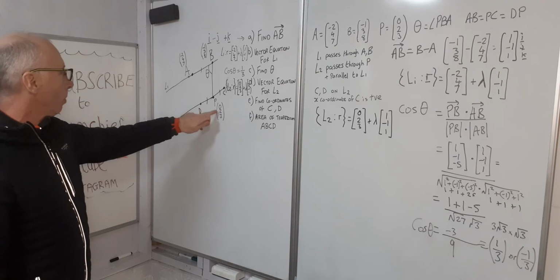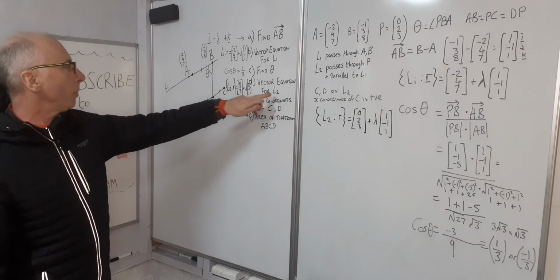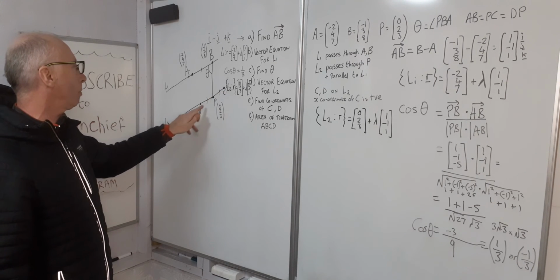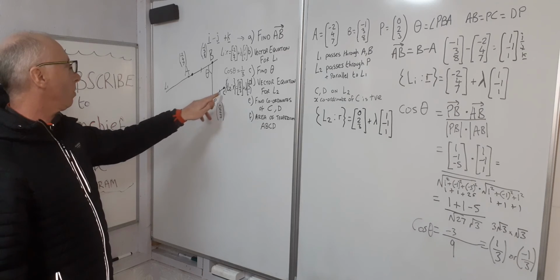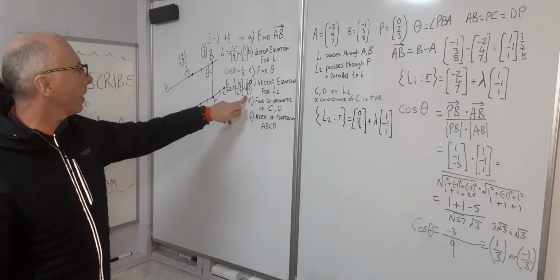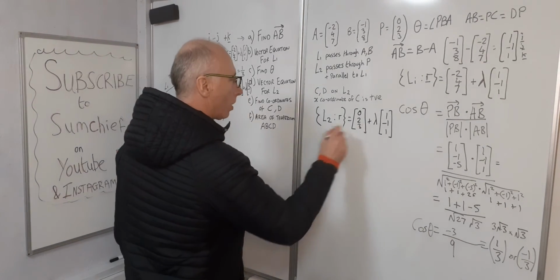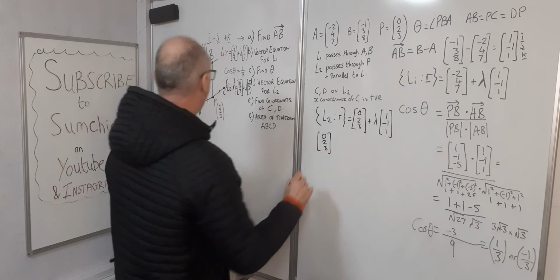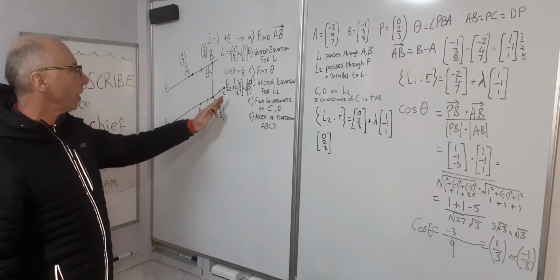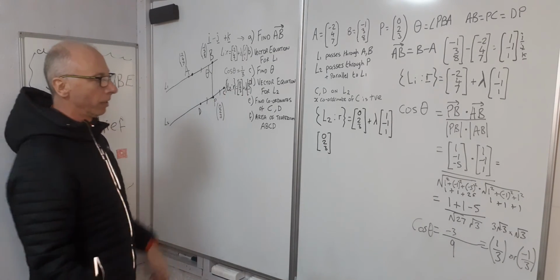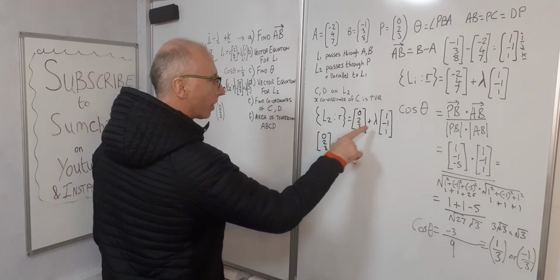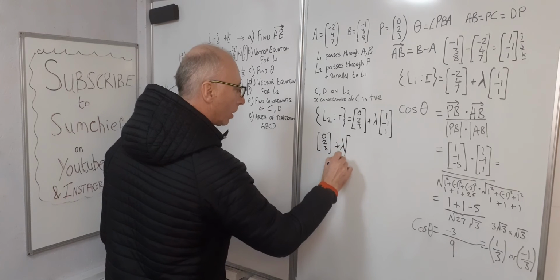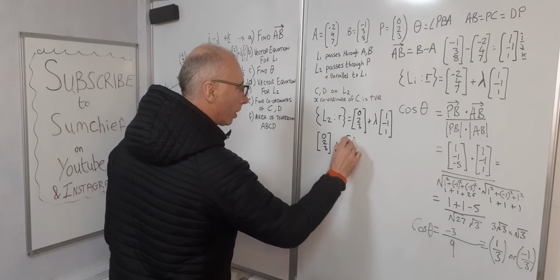So how are we going to find out the coordinates of C and D? Well, we know what P is, and we've got the vector equation for L2, and as D, P and C all sit on that line, we can use this equation to find it. So if we take 0, 2, 3, that's our point P. If we're going up, we'll add this lambda here, which is a little bit squeezed in, but it is what it is: 1, minus 1 and 1.